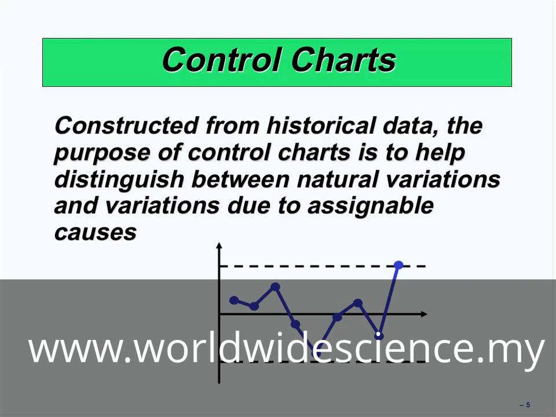So, the control charts are used by operation managers to use the historical data. Historical data means the weight of the cake that has been written down every hour by the operation manager. They are the historical data.